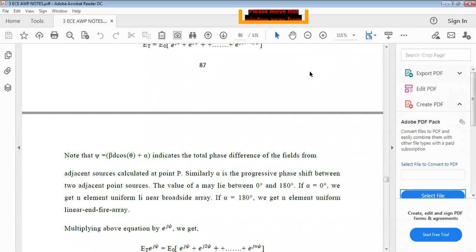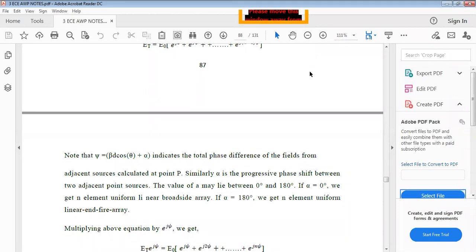Current magnitudes or excitation magnitudes are different, so instead of E naught, we consider minus E naught. The third case: non-identical point sources and identical excitation. And the fourth case is vice versa: non-identical point sources and non-identical excitations.